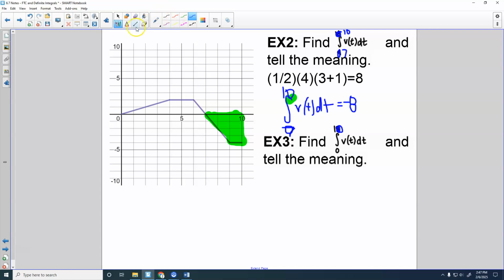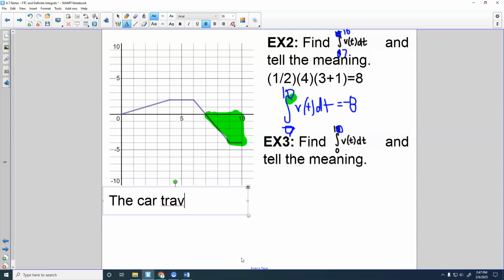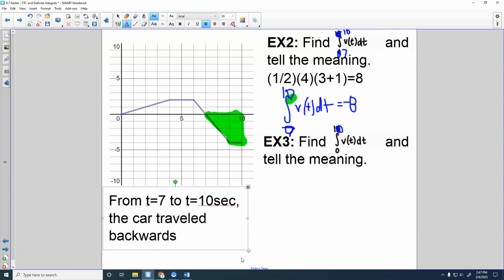So in this case, I'm out of room. I'm going to put it over here. First of all, we should say time period, from t equals 7 to t equals 10 seconds. The car traveled backwards 8 feet.